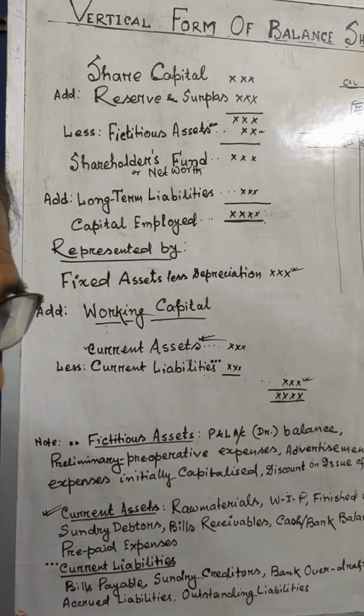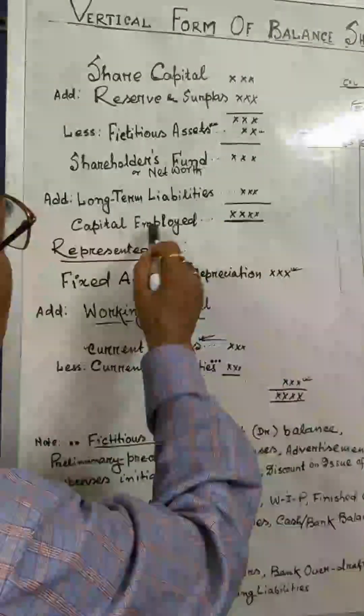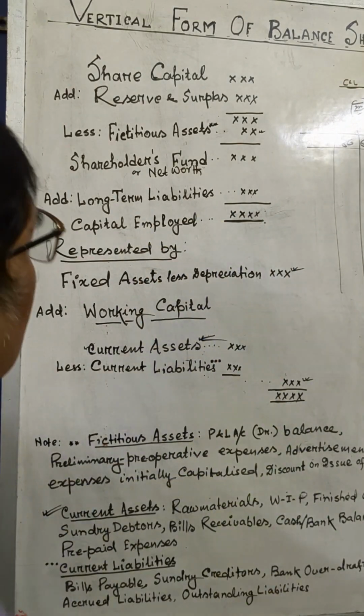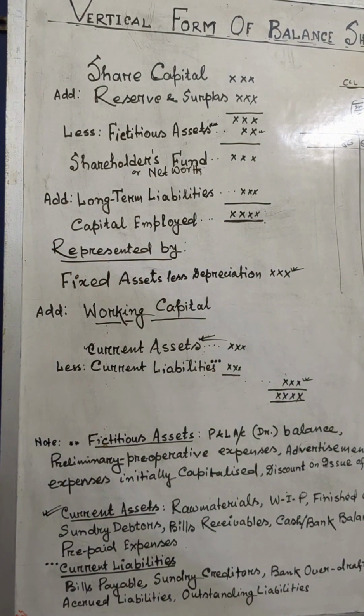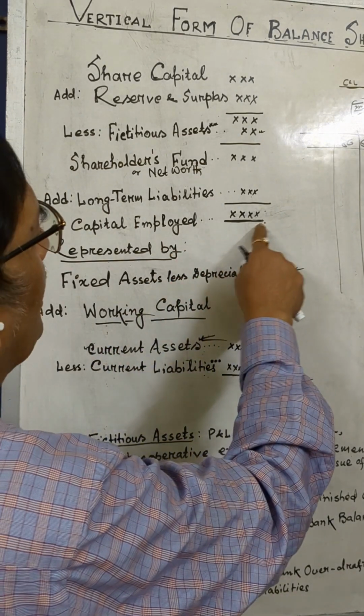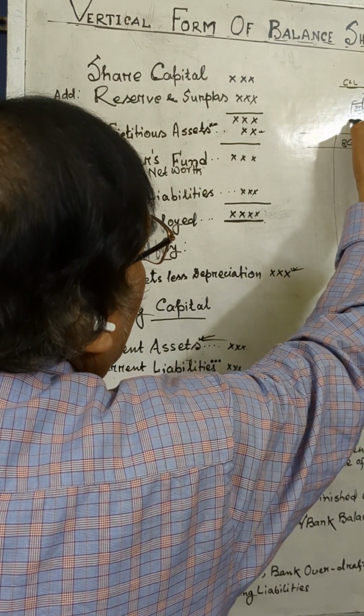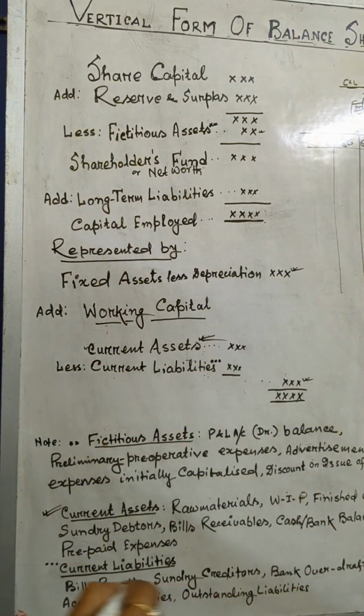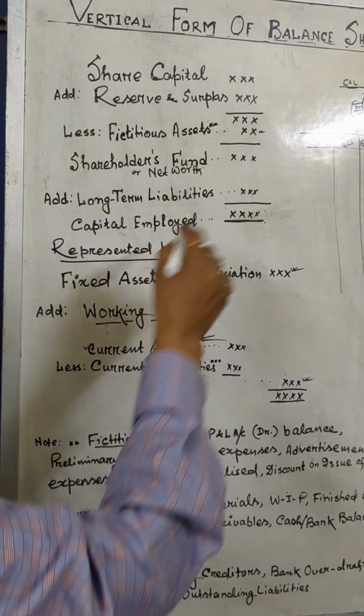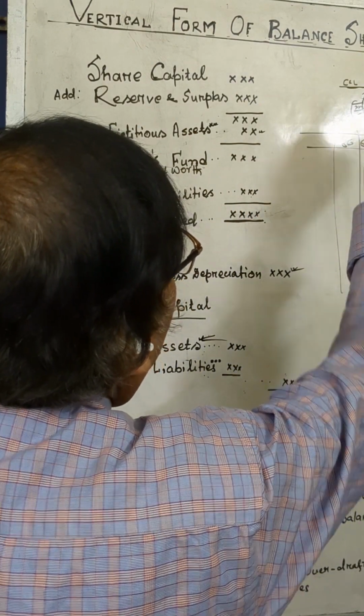It may be long-term, say 5 years, 8 years, like that. If you add these, you will get the total capital employed figure. This is the total amount of capital employed. Actually, this is the total of the left side, the capital and liabilities side. Okay. Now, this figure will be represented by these items.